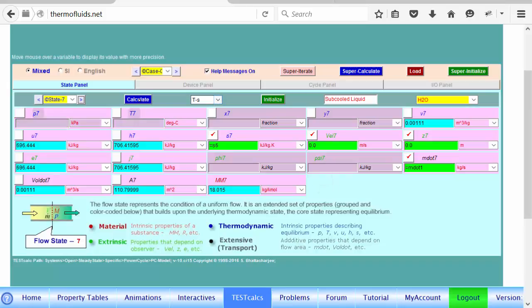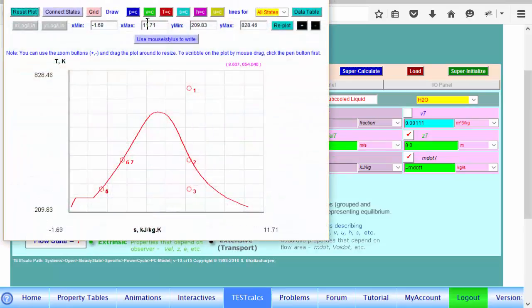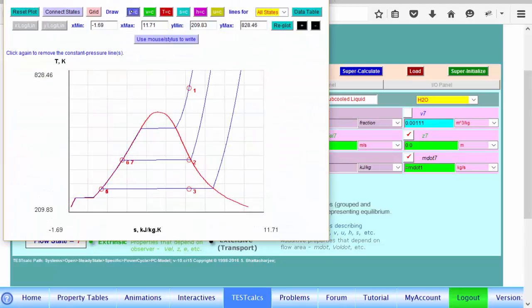If you draw the TS diagram, select TS, draw the constant pressure lines, and you can see how the cycle is pretty much like what we thought, except as you can see 6, 7 and 4, 5 are on top of each other almost, because the temperature doesn't change much in the isentropic process. So in a TS diagram, these states are almost superposed on each other. If it's an HS diagram, you can see the separation.